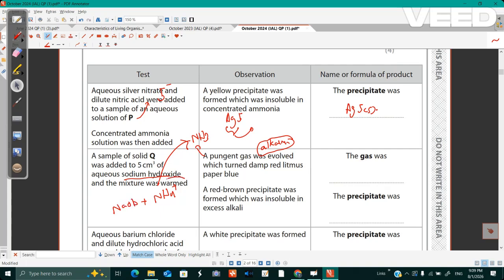So now we can assume one of these cations could be ammonium, right?